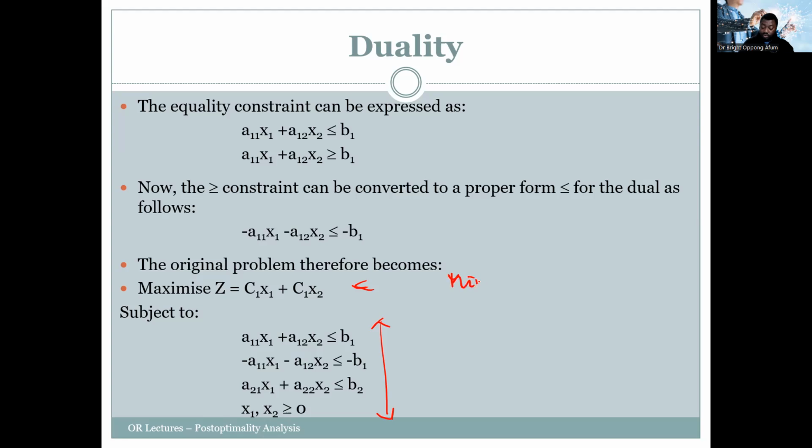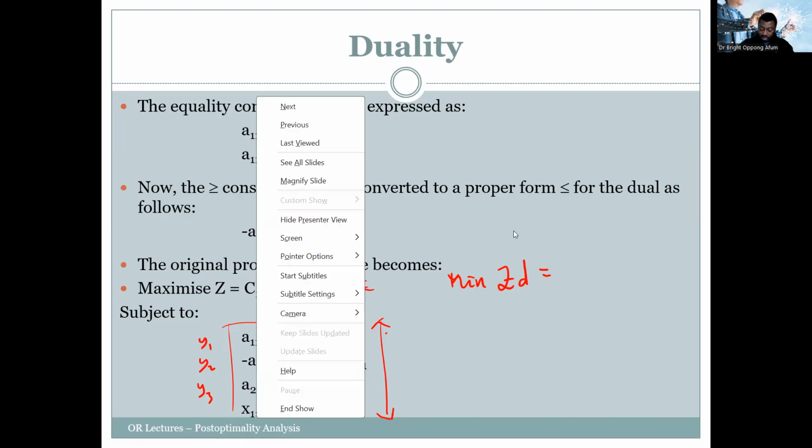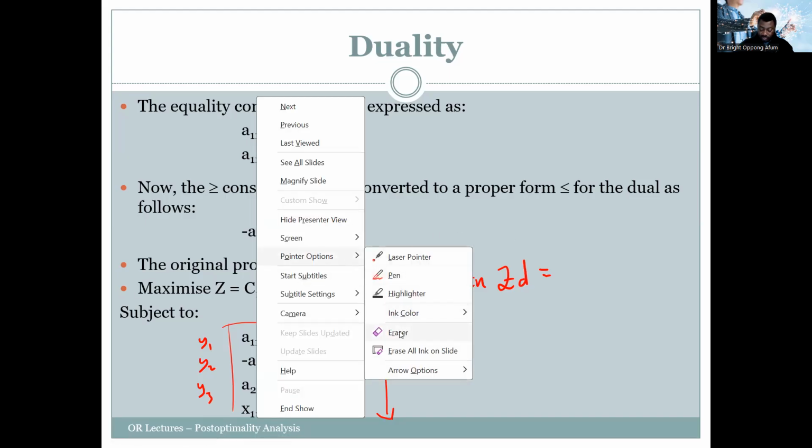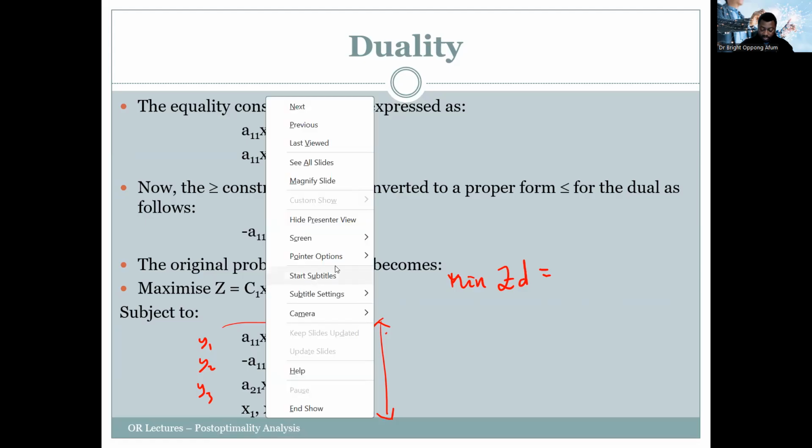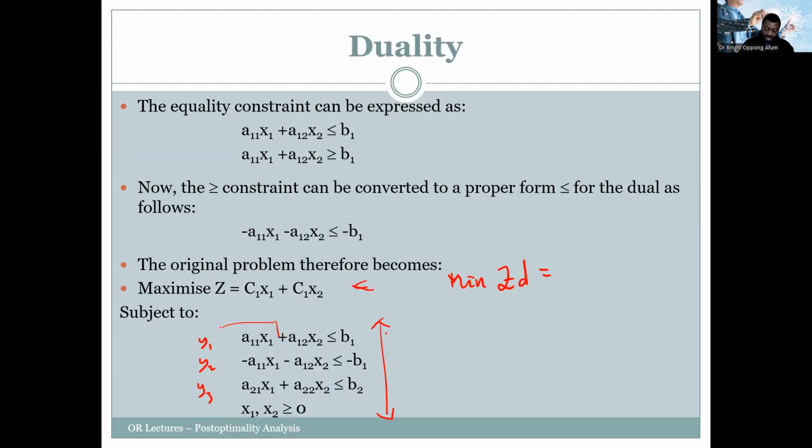So here we will say that we are minimizing Z, and they are the Bi. So we have B1, B1, and B2, and it's Y: Y1, Y2, Y3. Let me go this way to make it much neater.